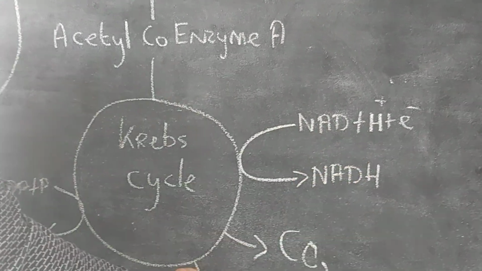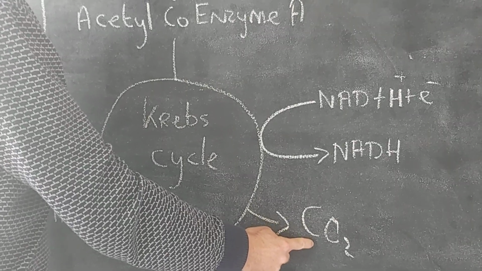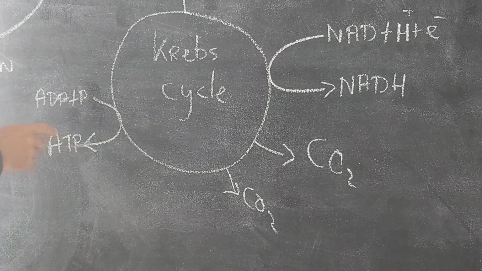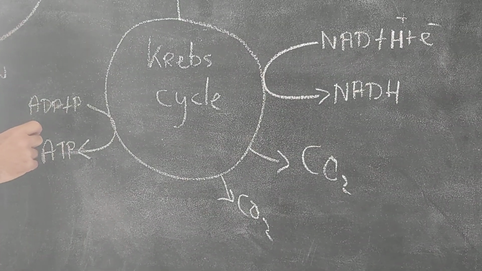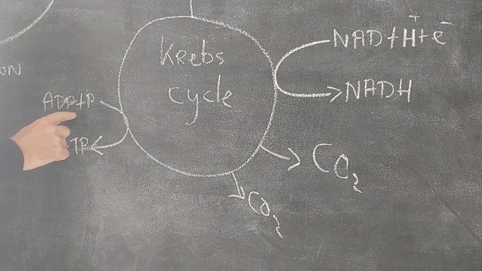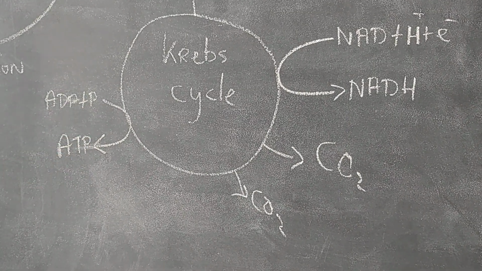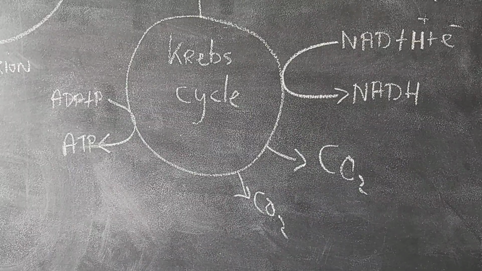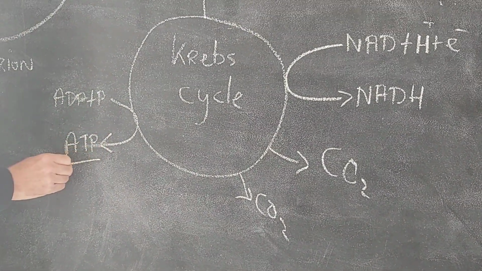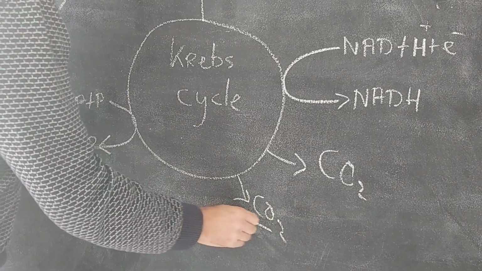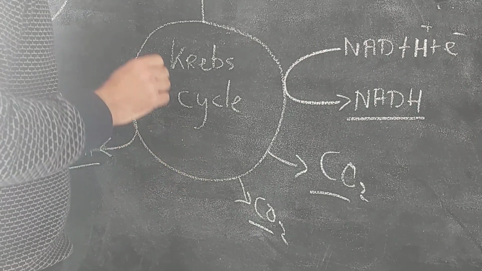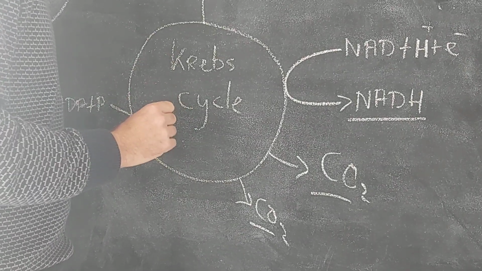What's also produced is carbon dioxide here, carbon dioxide here, and also ATP, combining ADP plus P to form ATP. So the 3 products of stage 2 are ATP, carbon dioxide, and NADH. Now that's stage 2 Krebs cycle.